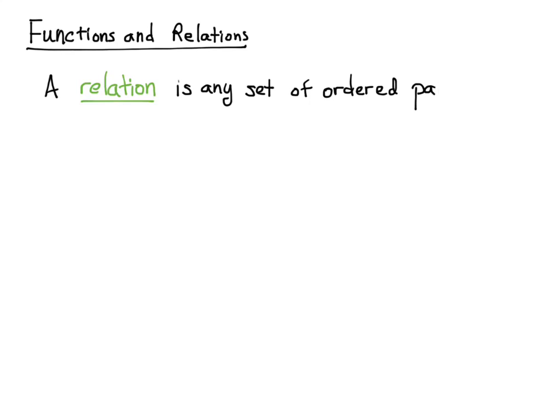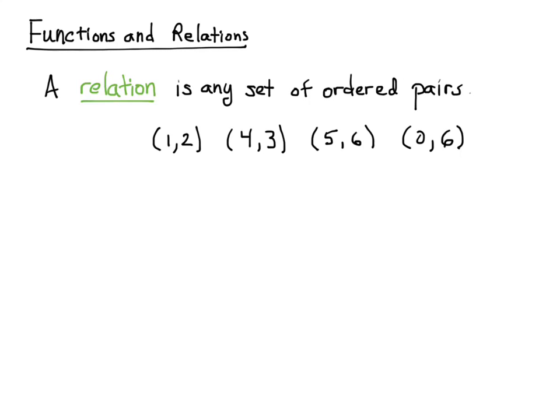A relation is just a set of ordered pairs. This can be discrete numbers like what we have here, or it can be a rule that you apply algebraically, so if you get one number, you can get the other number. Here I'm just going to use these ordered pairs.